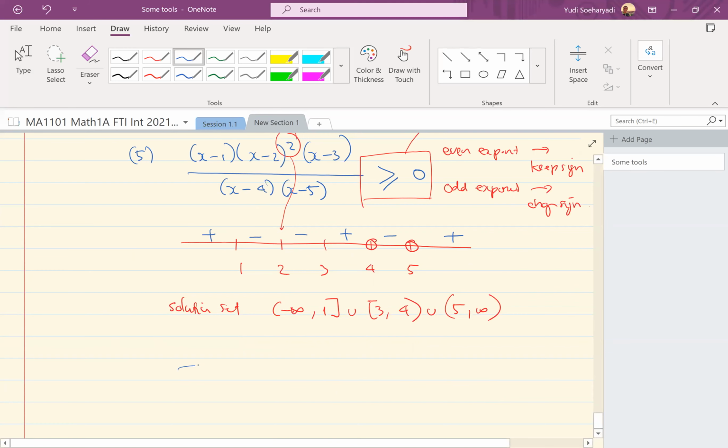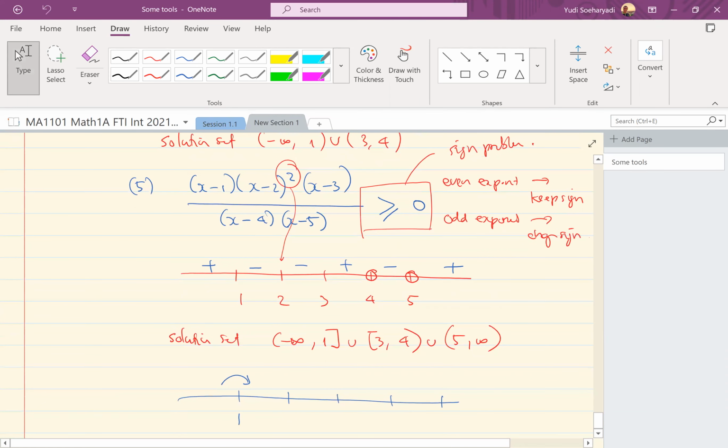Crossing 1, the sign will only be determined by x minus 1, this factor.